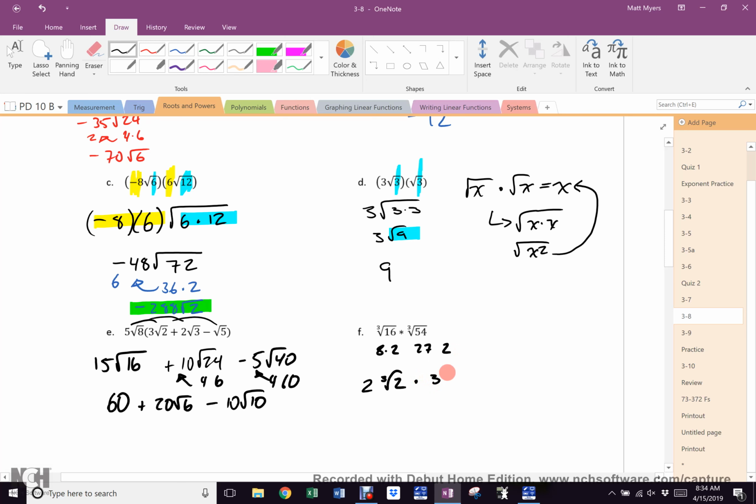Times 3 cube root what? 2. Easier to multiply, isn't it? What do I do with the 2 and the 3? Multiply them to get 6 cube root. What do I do with the 2 and the 2? To get what? 4. Heck of a lot easier than the factor tree of 864, isn't it? When should you simplify? Always.